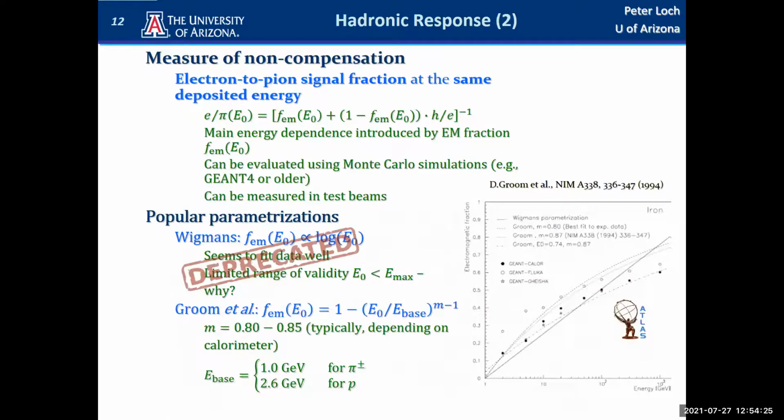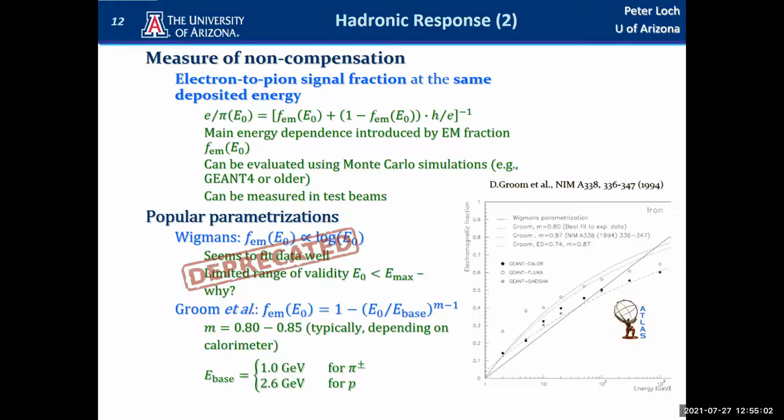So we try to parameterize the FEM, and the most famous parameterizations, there was one from Wigmans a long time ago, which is funny in that there's a rise with log E. It has to stop somewhere. It has to settle somewhere, and there was no prescription on when that would happen. So much more preferred these days is the Groom function, which is given down here. This is basically the description of the average evolution of the FEM as a function of the incoming energy. You can judge yourself from the original paper.